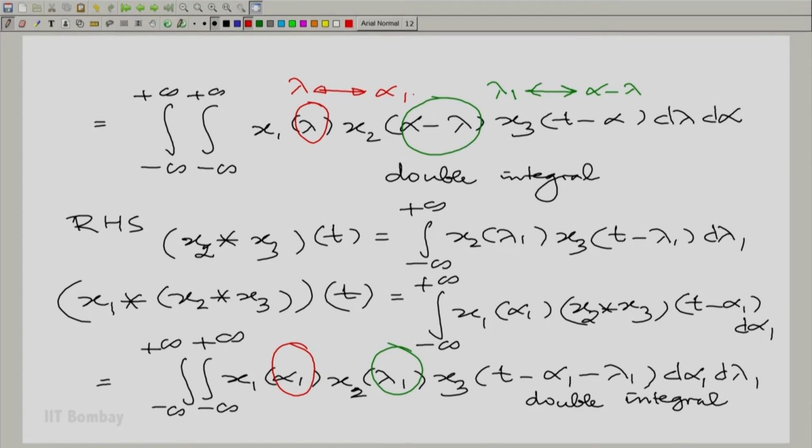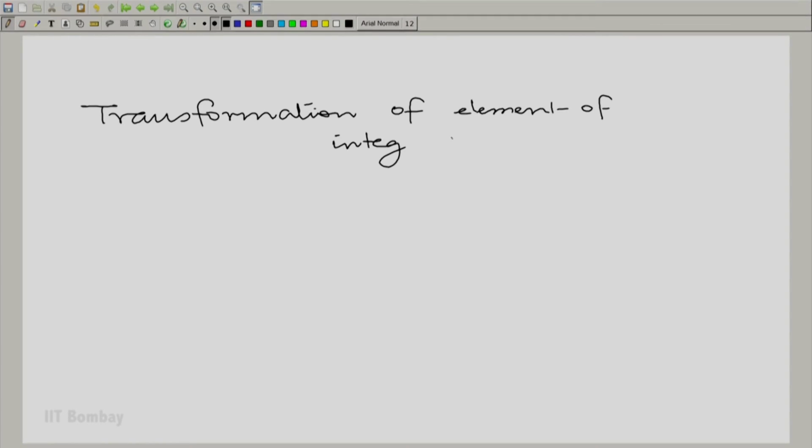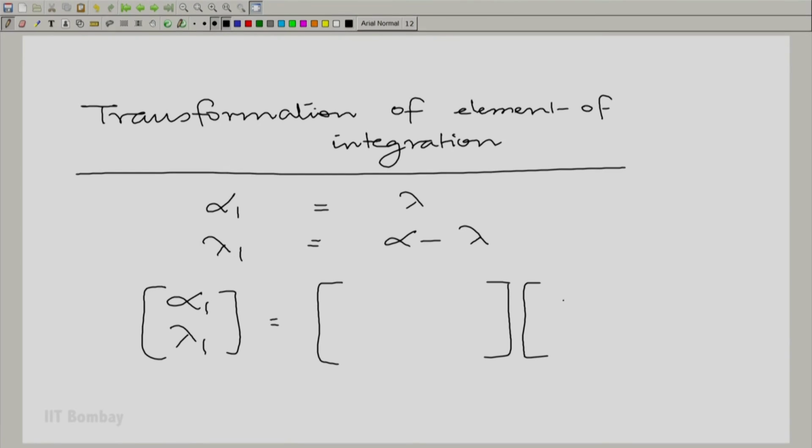Let us put this down in matrix form, the transformation that we require. We have alpha 1 is equal to lambda, lambda 1 is equal to alpha minus lambda. Let us write that down in the form of a matrix.